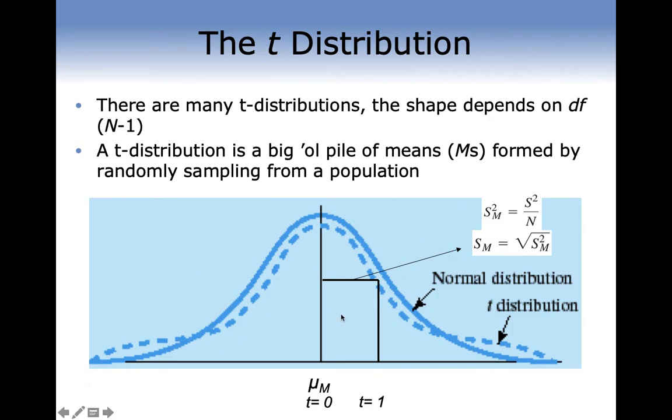And that's important because what this standard deviation of the distribution of means tells us is, kind of roughly on average, when we do this random sampling process, our best guess is that any sample mean we could sample will equal the population mean, but we know that it will be different by some amount of error.